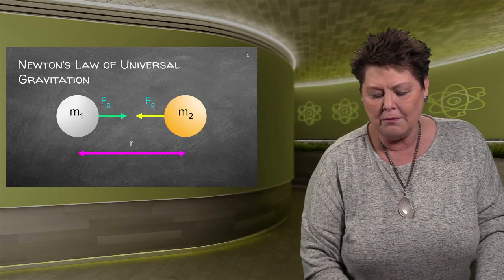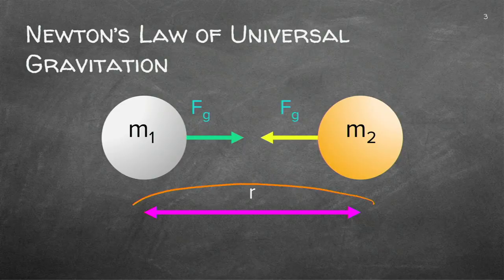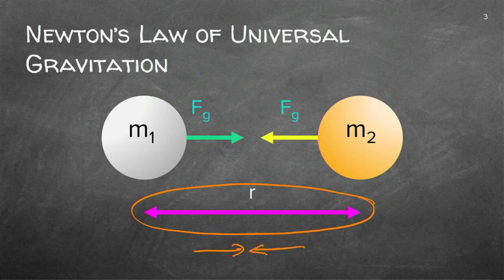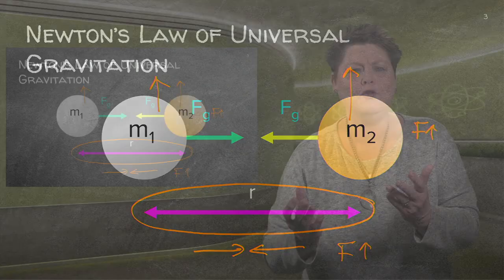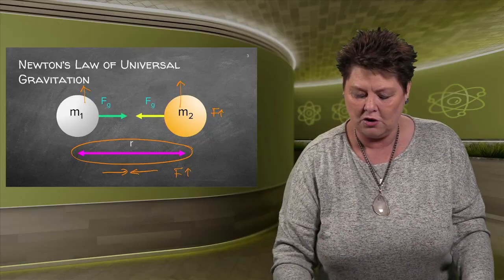I just want to remind you, if I take these distances and make them smaller, they are moving nearer to each other, then the force will be increased. If I increase the masses, the force will increase. So make sure that your answer is in relationship to what you are doing and what's been asked.